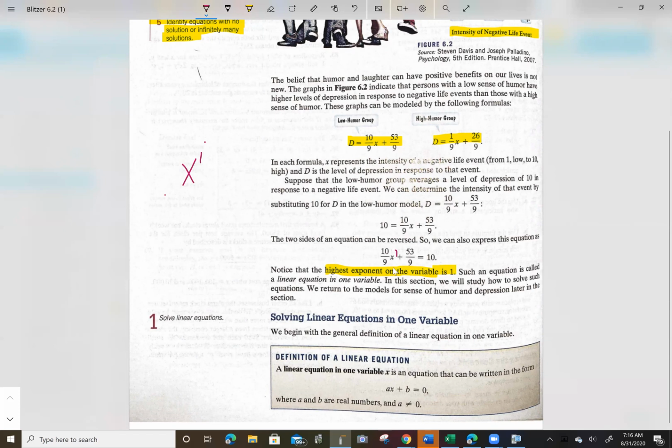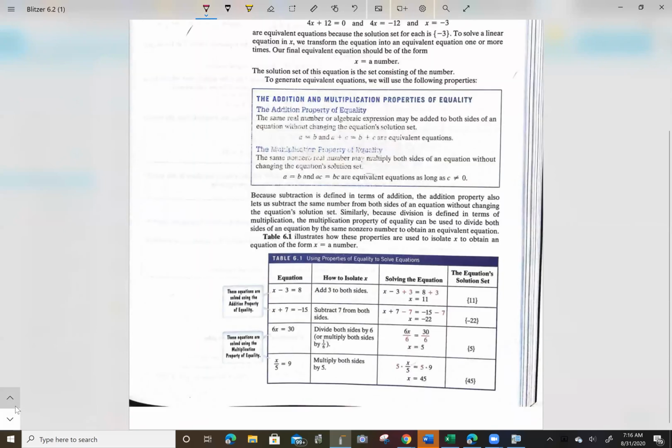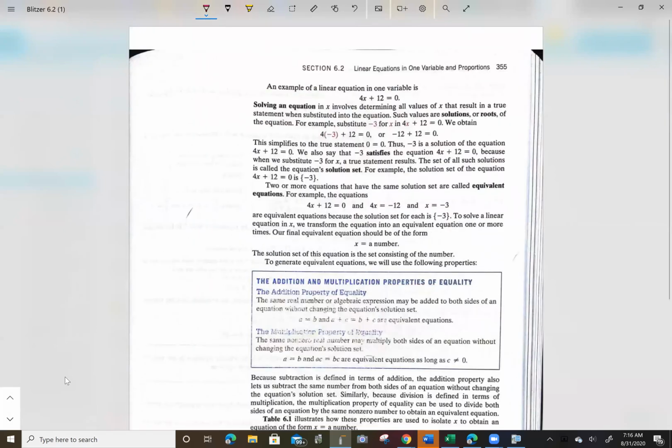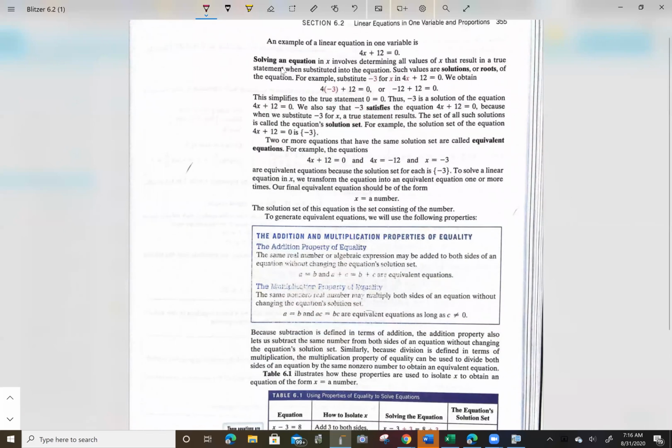Okay, now going on to solve a linear relationship. All right, and this is going down, and it's probably telling you right here, solving an equation, you need to make it balance.